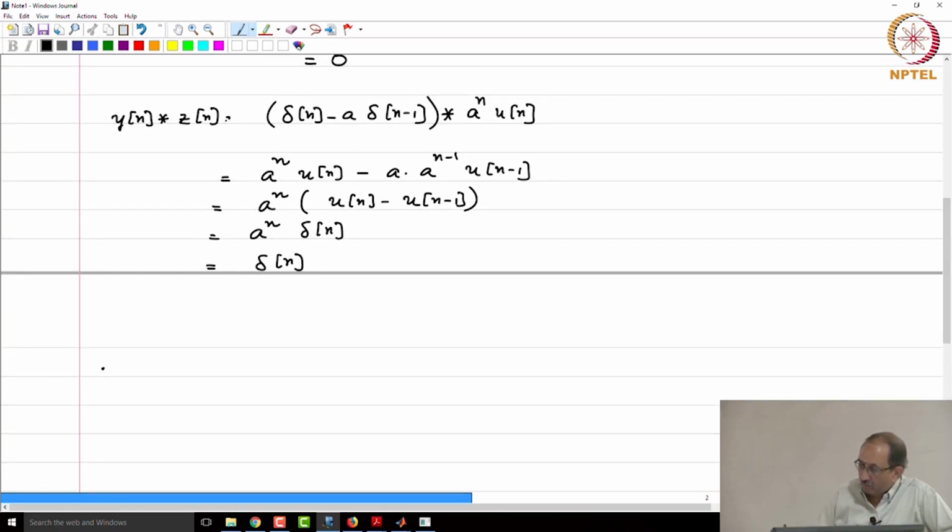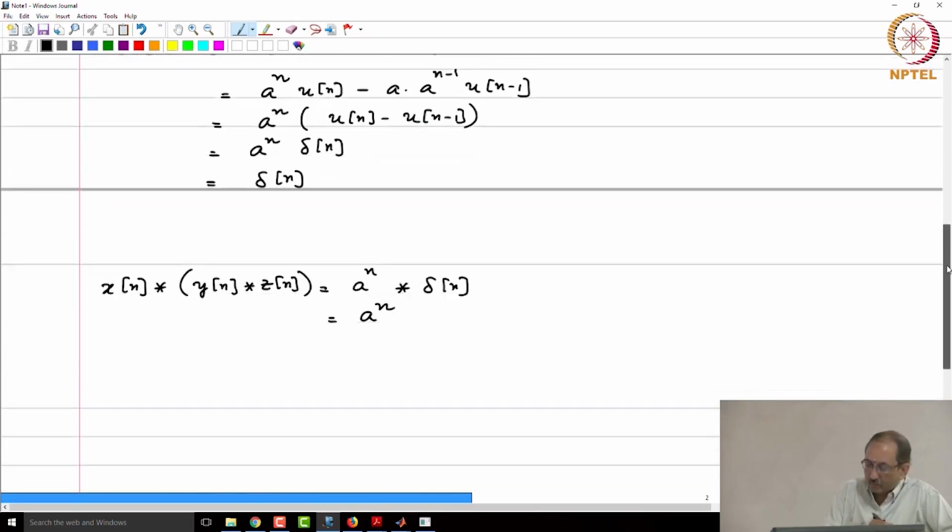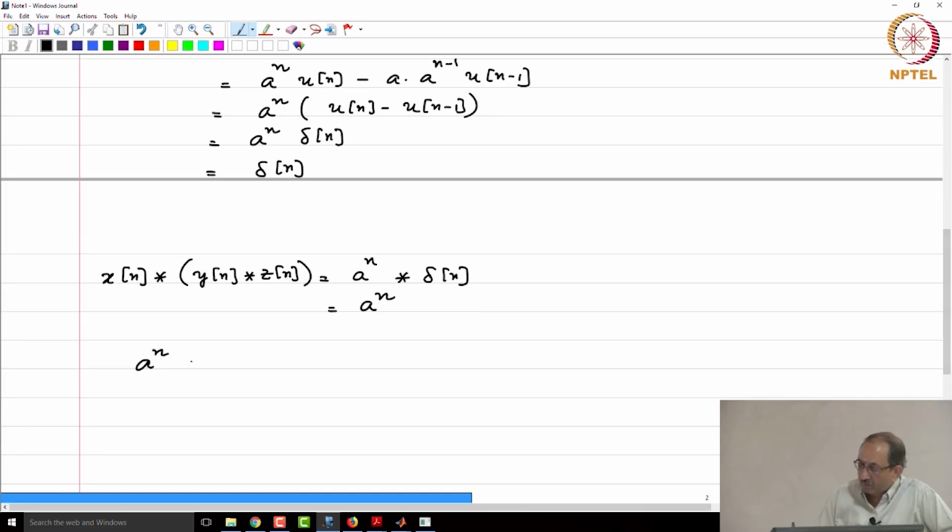So, now let us convolve x of n with the result of y of n convolved with z of n. X of n of course is a power n convolved with delta of n. So, this answer should be a power n, right. Therefore, a power n equals 0.